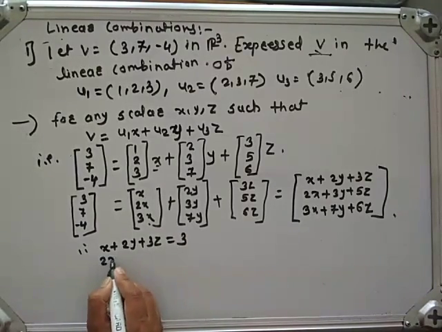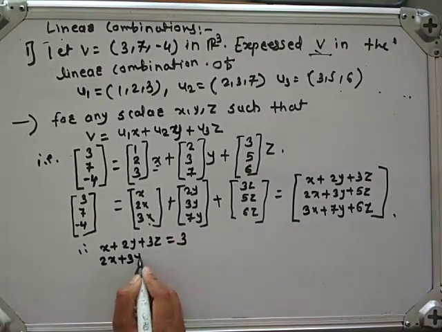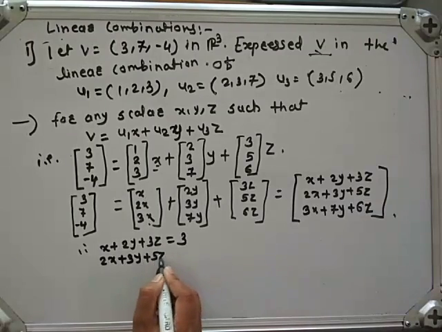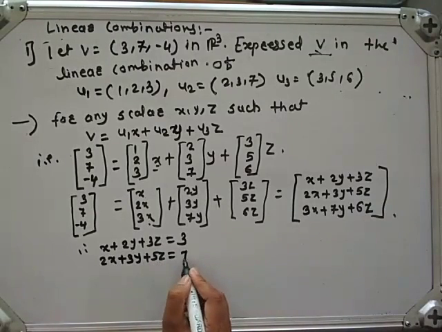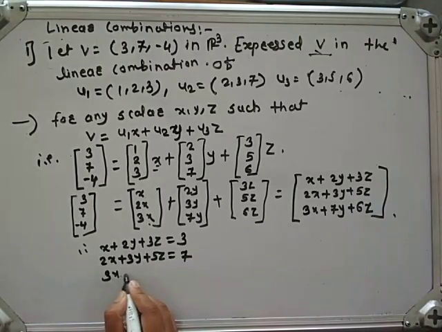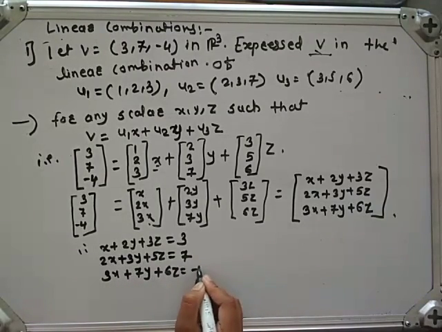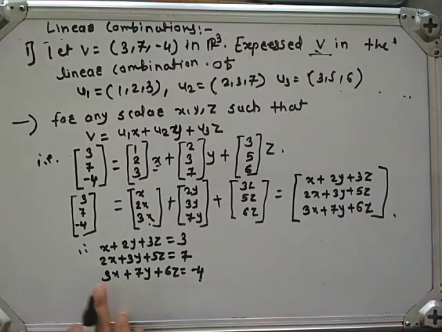Okay, 2x plus 3y plus 5z is equal to 7. 3x plus 7y plus 6z is equal to minus 4. Okay, now this is a system of linear equations. We have to solve this system of linear equations.